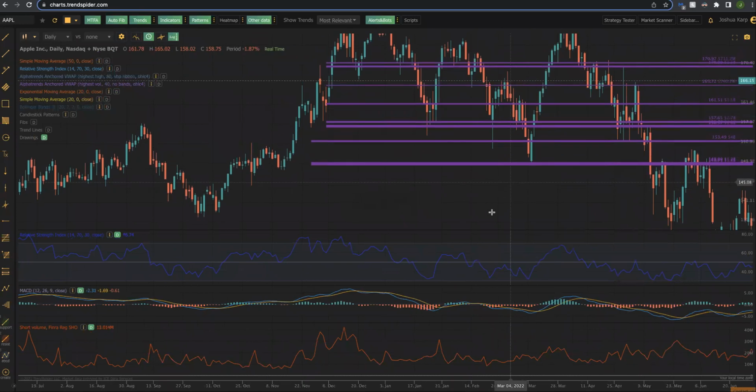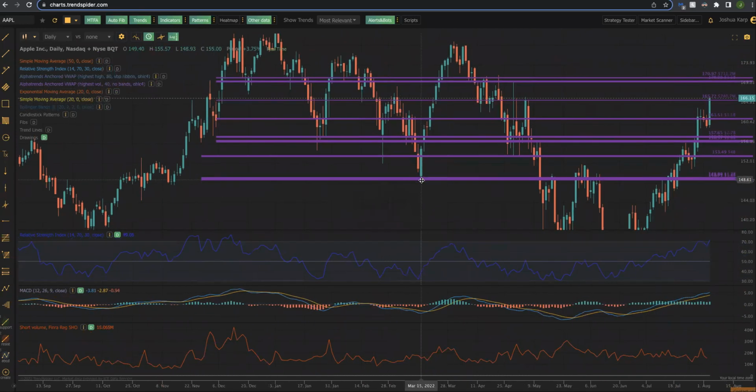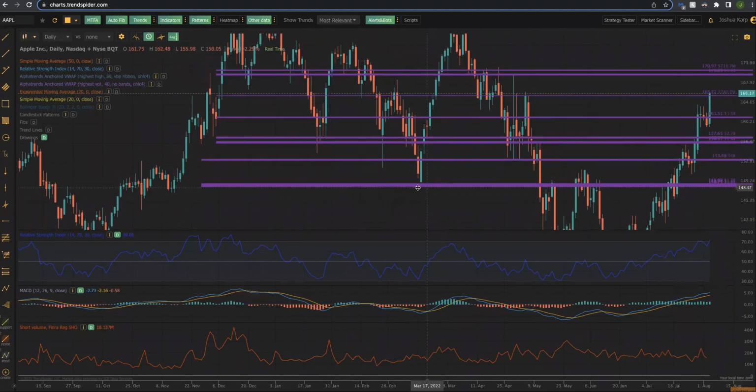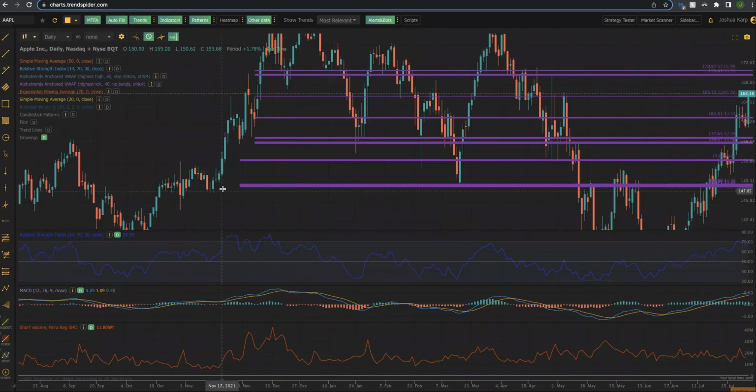But I thought I went further back. You can see right here, this is literally where the market turned around. Boom. For Apple, the level was right there and it literally bounced all the way back up from there. And there were multiple different levels right in that area. You can see over here, I didn't go far enough back, and I don't use TrendSpider that much, but we do.